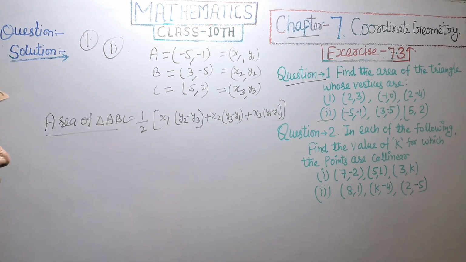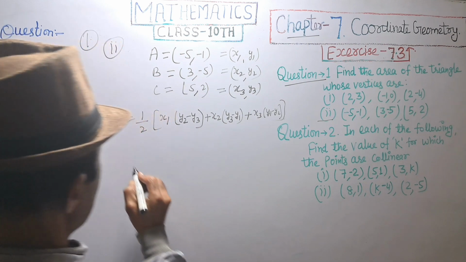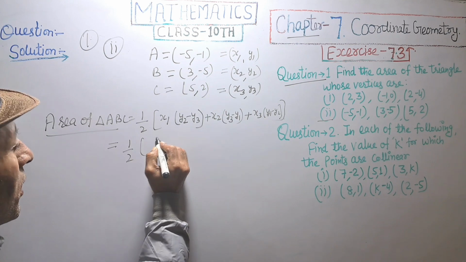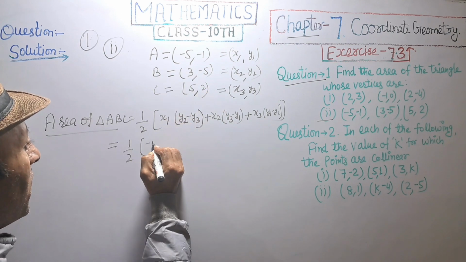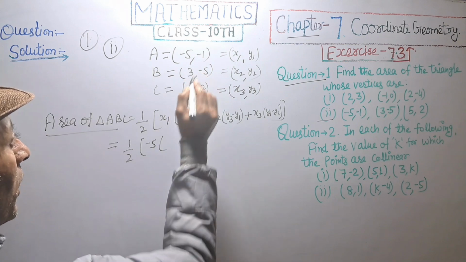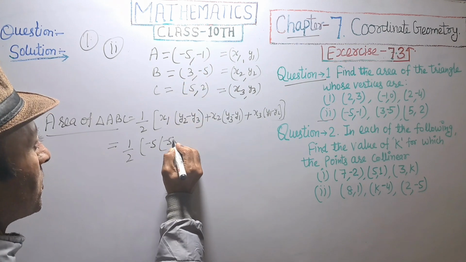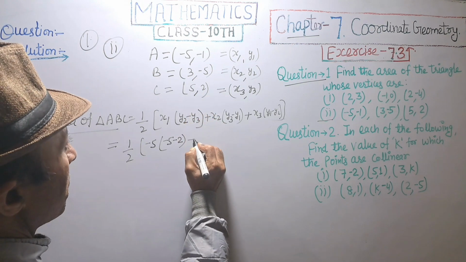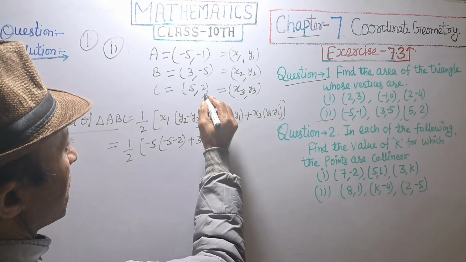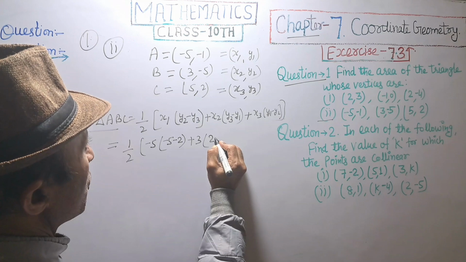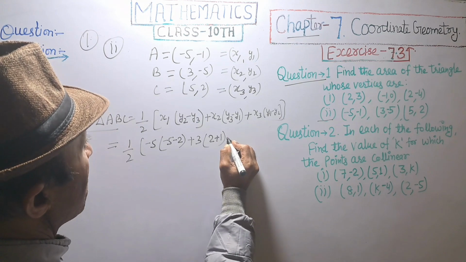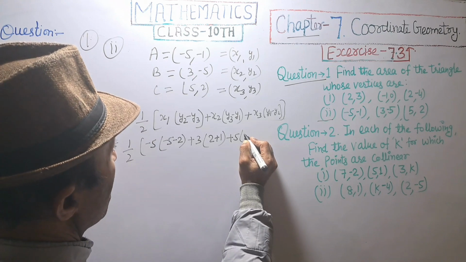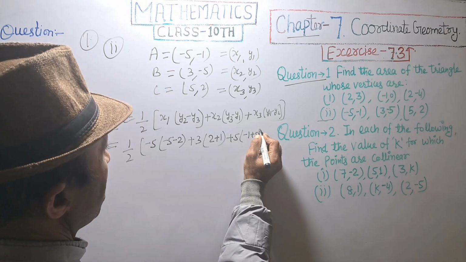Area of triangle is equal to this, that is half into x1 is minus 5, and y2 minus y3 is minus 5 minus 2, plus 3 into (2 plus 1), plus 5 into (minus 1 plus 5).